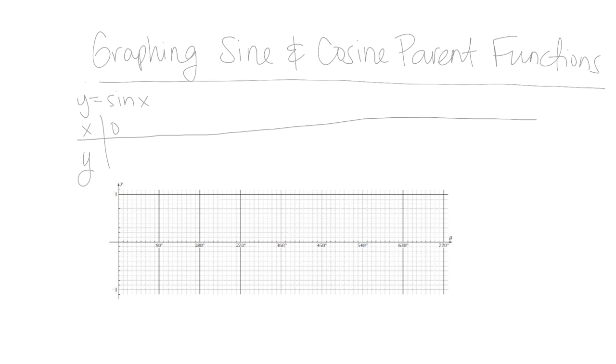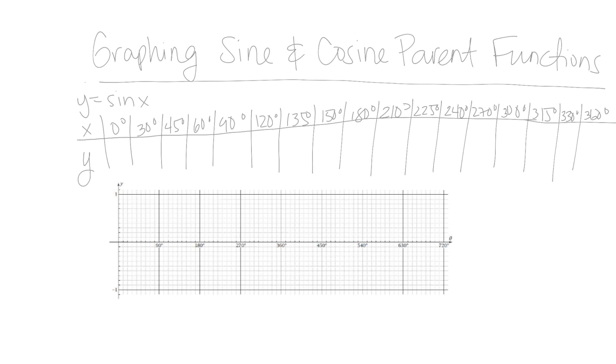So I'm going to have 0 degrees, 30 degrees, 45 degrees, 60 degrees, 90 degrees, and I'm just going to speed this up with writing it. Okay, so I just filled in the rest. So this is really just going around the unit circle one time.